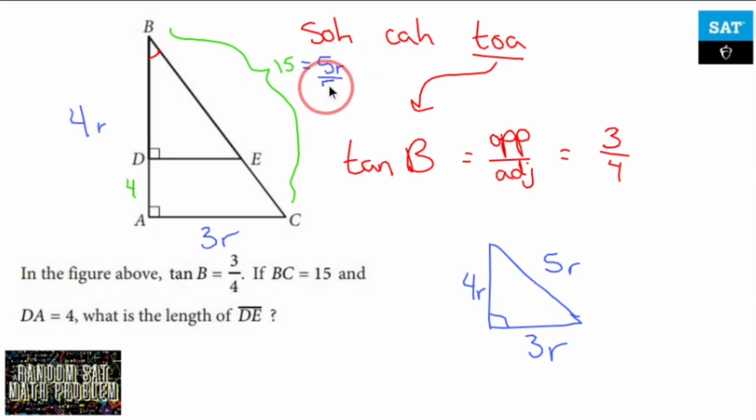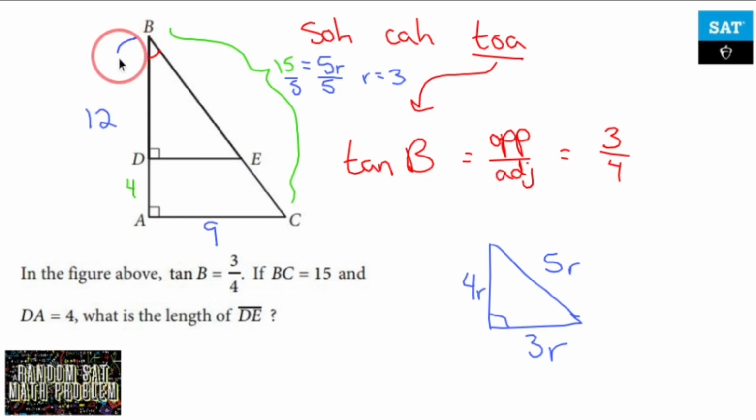If I divide by 5 and divide by 5, then this magic ratio number is going to be 3. So 3R is 3 times 3, which is 9. If this is 4R, then this is 4 times 3, which is 12.